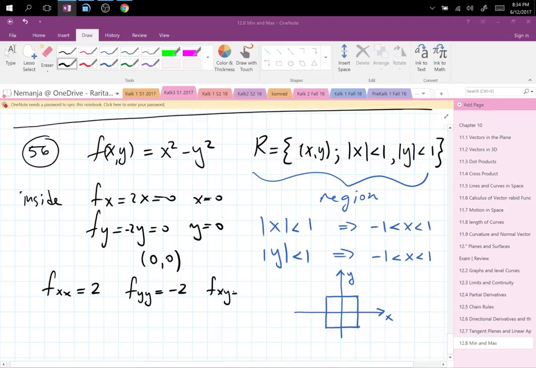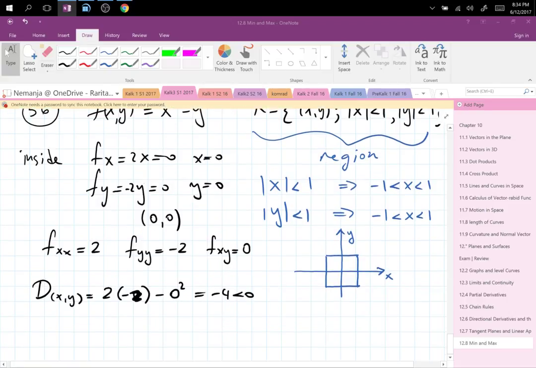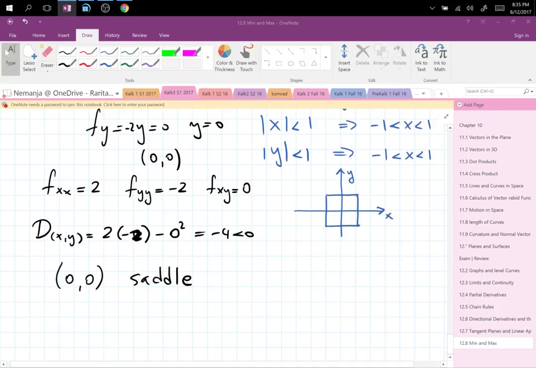And fxy is going to be 0. So D is 2 times -2 minus 0 squared, which is -4, which is always less than 0, which means what? Yes. You are remembering larger is minimum. Therefore, if you have a less than, it's a saddle. So we know there is a saddle point inside. Now we are going to take care of the boundary.